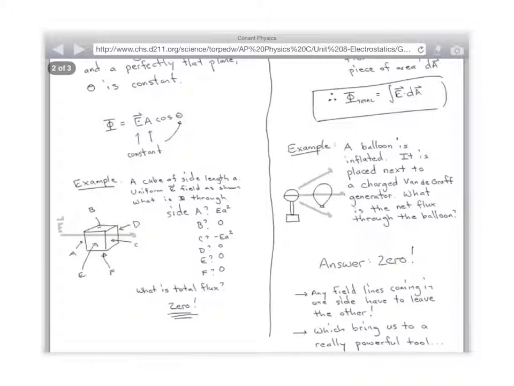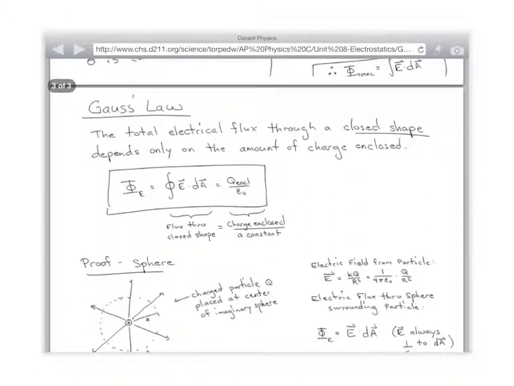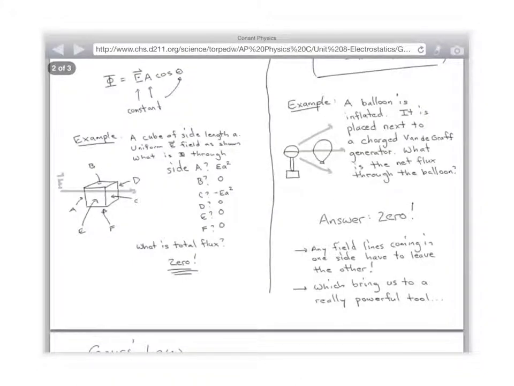All right, and here's the other way to think about that. Mr. Bruce is like, is it cheating if we figure it out that way? Oh, we're going to get there in just a second. All right, so here's the quick and dirty answer to this balloon question. Any field line that crosses into the balloon has to exit out of the balloon.